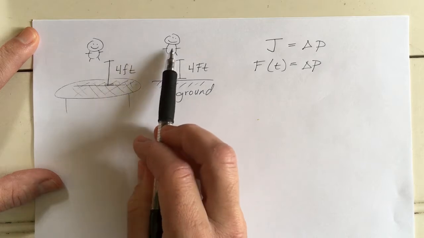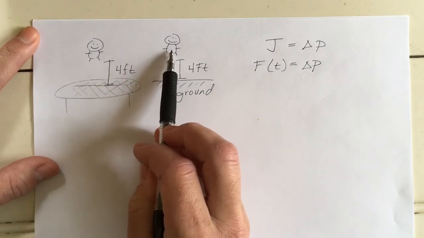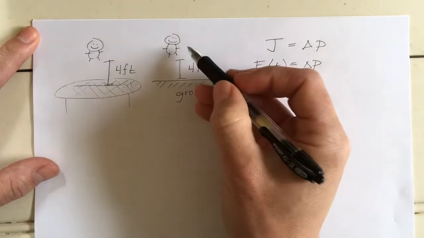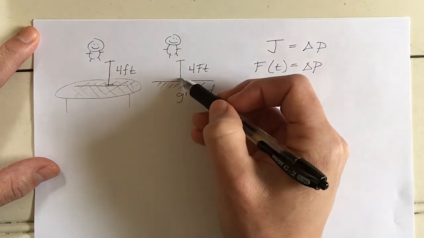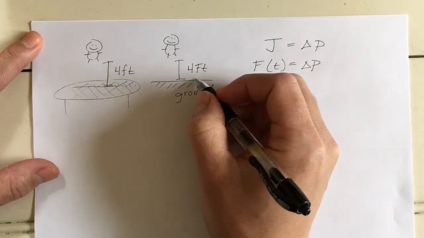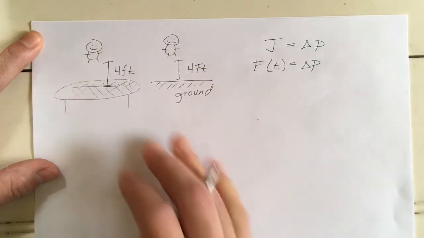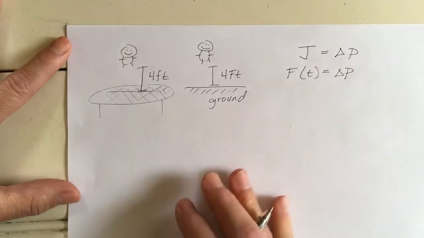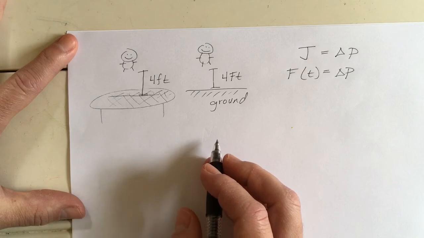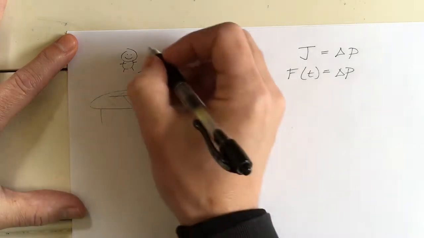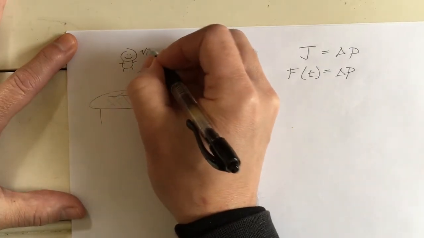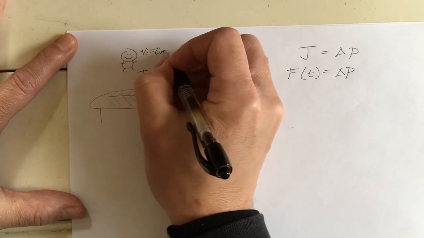This person, when they're up here, has a mass, and when they fall this distance, maybe at the top of the jump, they don't have a velocity, right? So let's say they have VI, and this is their initial velocity, and it's 0.